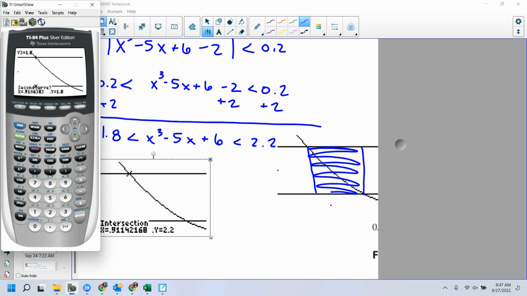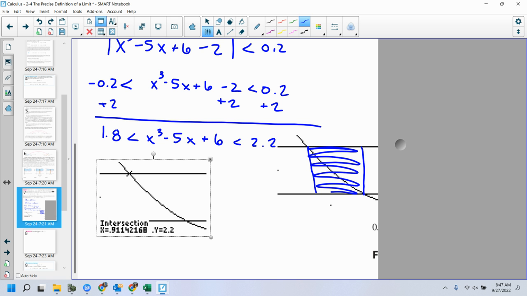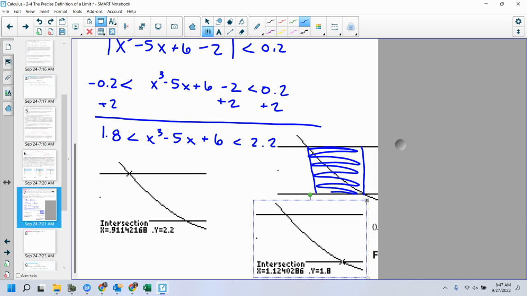Second curve, I want to jump down to the bottom one. Guess somewhere over here. Well, it's going to find it. 1.12. Okay, so those are the x values that hit my targets: 0.911 and 1.12.